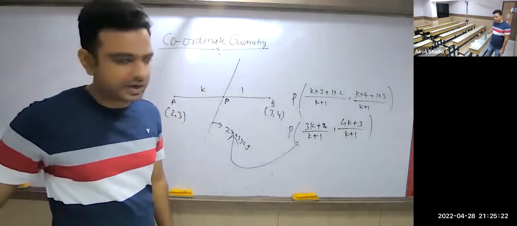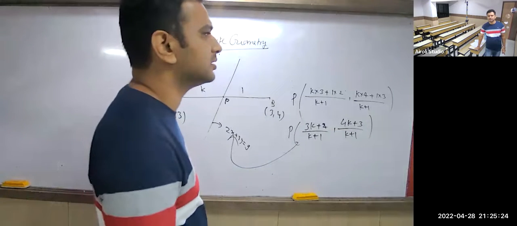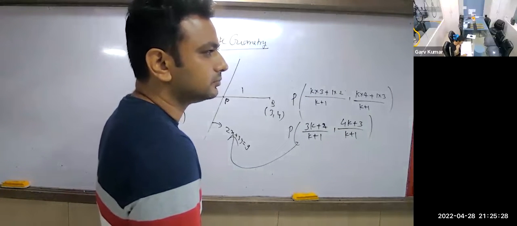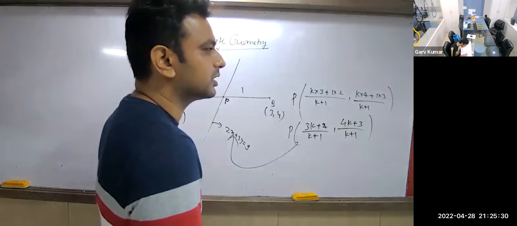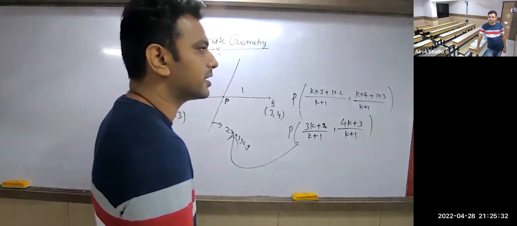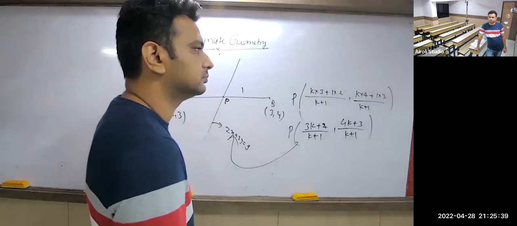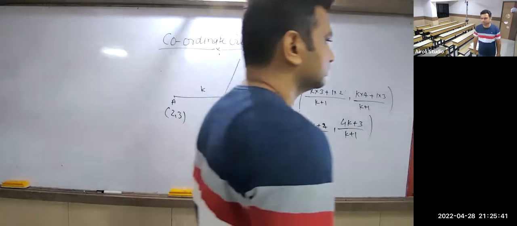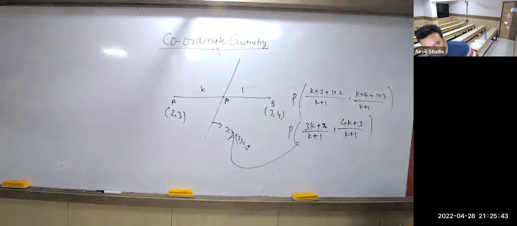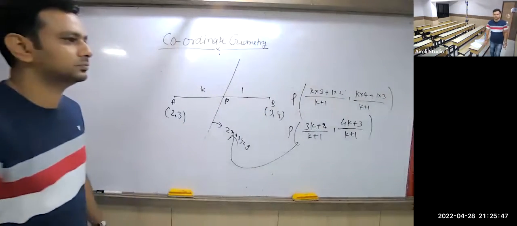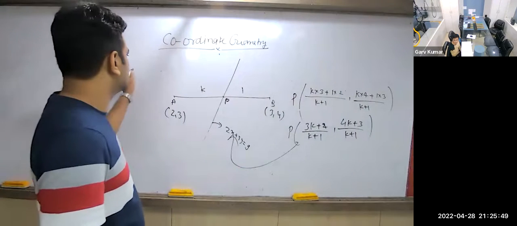Actually, I gave a random question, so you may get a little bit different values. It can be negative or something fractional. So minus 11 by 9. Okay, minus 11 by 9.